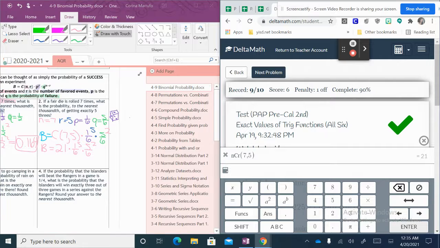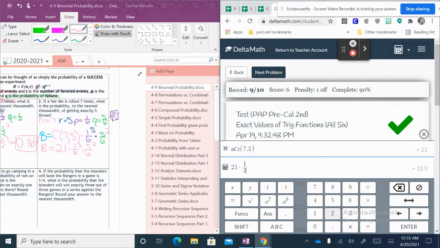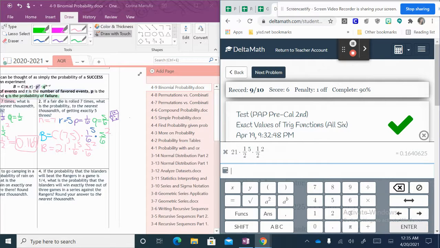So I'm going to go ahead and put that 21 times, I don't think I need to put the parentheses, to be honest, 1/2 to the power of 5, times 1/2 to the power of 2. I can enter, and it gives me 0.1, oh, it's not 1/2. Oh, no wonder, I was like, why did I get the same number?